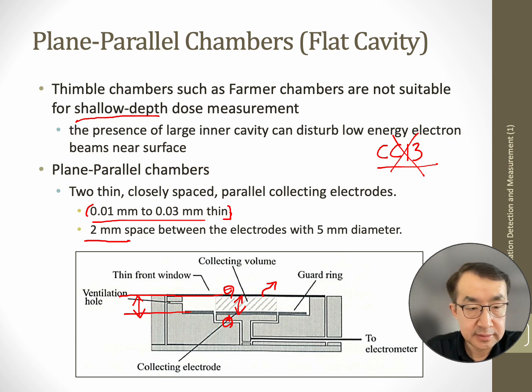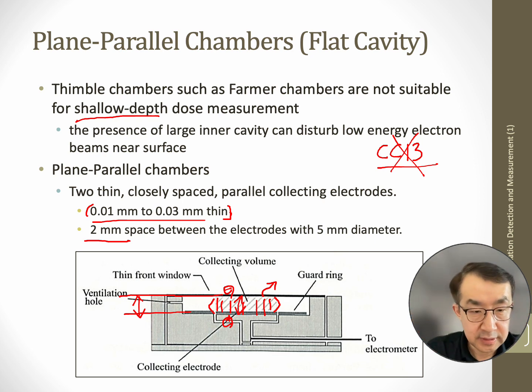And what is the guard ring? Without a guard ring, the electric field can actually bow out. If I actually draw the electric field, something like this, you can accidentally measure the volume outside of the actual volume.